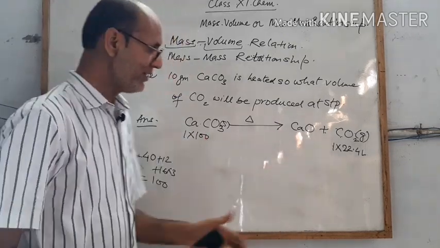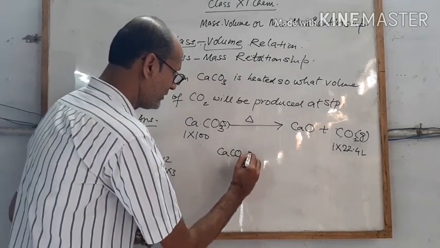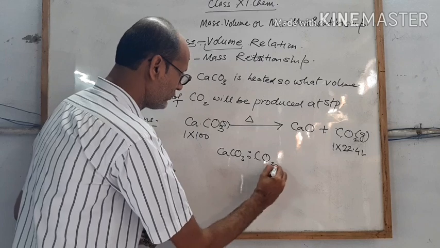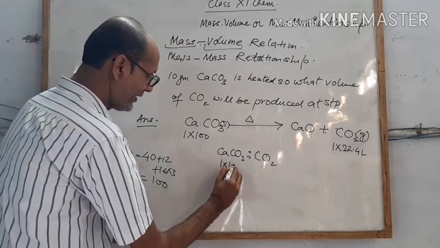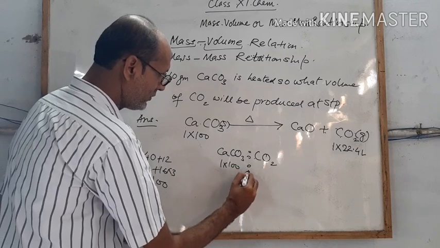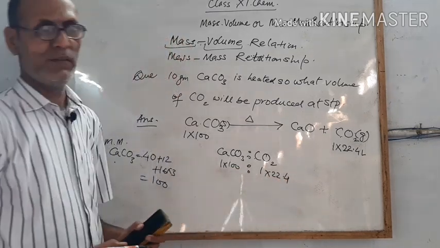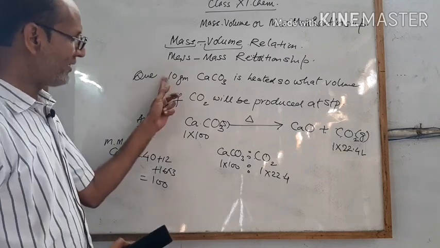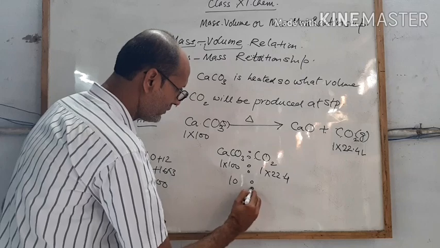That means CaCO3 ratio CO2: 1 into 100 ratio 1 into 22.4. Then 10 gram is given, so 10 ratio V.